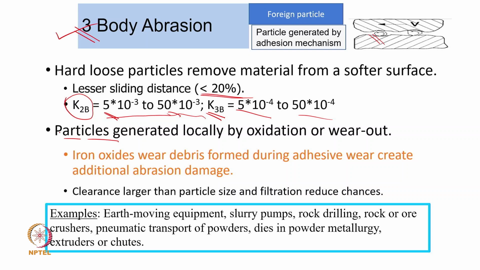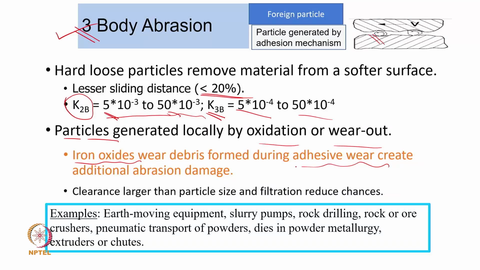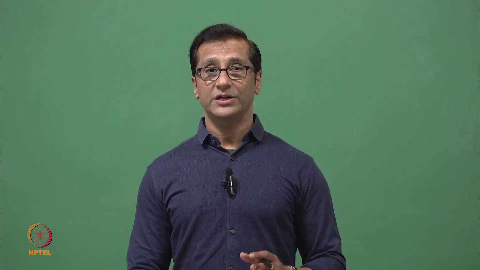Another thing, in three body abrasion, is where the debris comes out. If the debris is soft, then it will help as a lubricant. But if the particle coming out in third body abrasion is hard, it will push. However, there is a possibility it may form something else also. Adhesive wear may lead to abrasive wear, and quite possibly abrasive wear leads to adhesive wear.